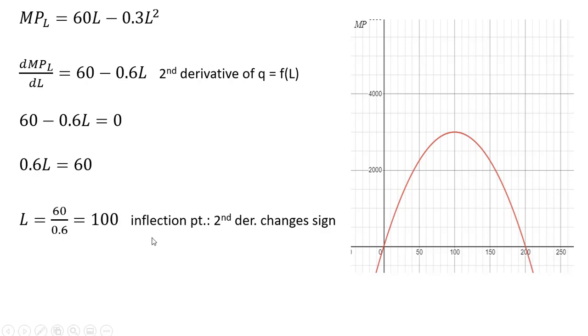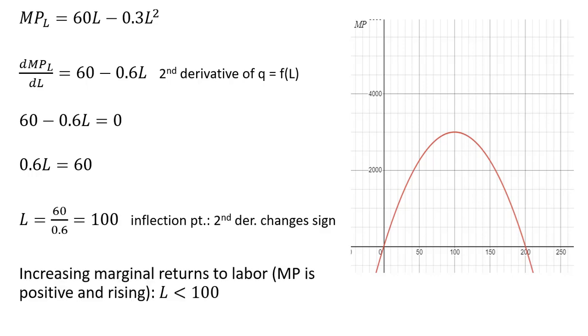Technically, this is an inflection point. It's where the second derivative changes signs. So increasing marginal returns to labor are going to be anything less than 100, so marginal product is positive and rising anytime L is less than 100. And again, if we were to graph this, you would see that nicely right here.